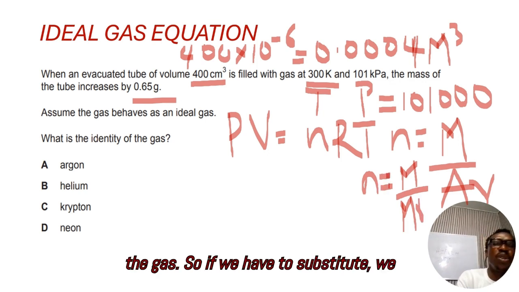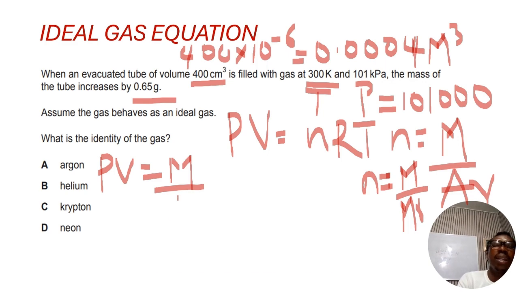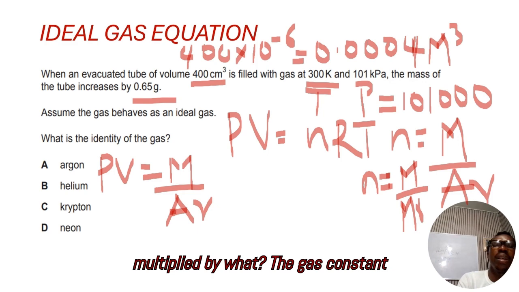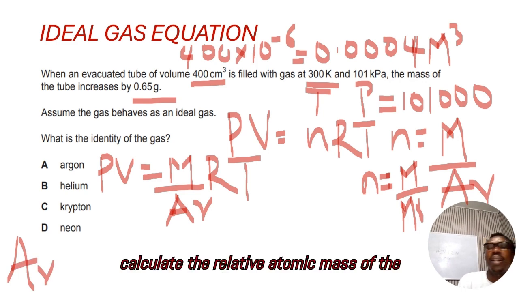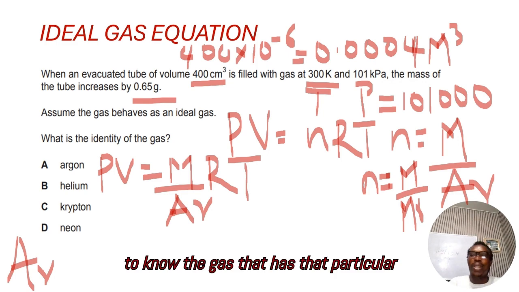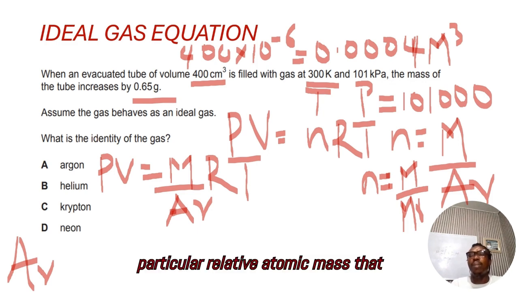We want to get the identity of the gas. If we substitute, we'll have PV equal to m, the mass, over the relative atomic mass of the gas, multiplied by the gas constant and the temperature. Since we want the identity of the gas, we have to calculate its relative atomic mass, then check your periodic table for the gas that has that particular relative atomic mass.